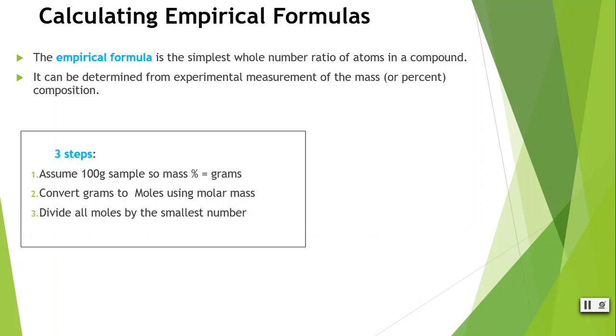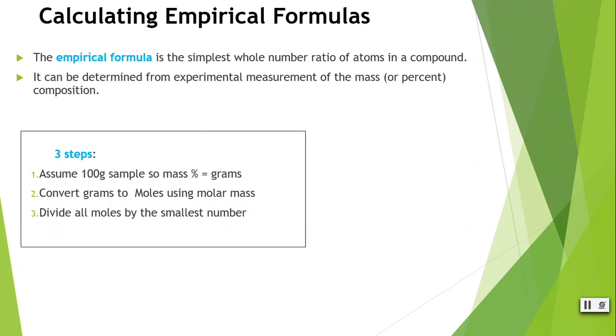Why should you do that? That makes life easy because if you have a 100-gram sample and you know what the mass percent is of that element, then the grams of that element is just equal to the mass percent. Just take off the percent sign and slap on a gram sign.